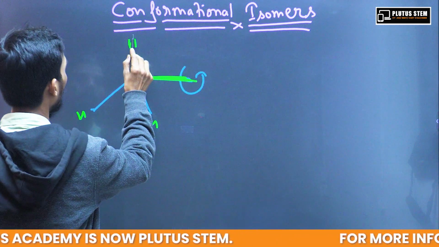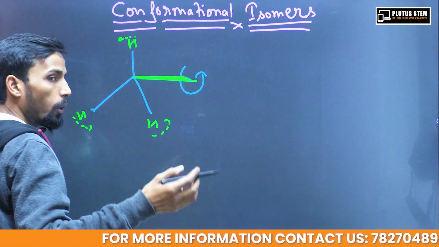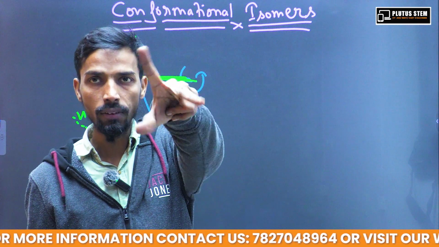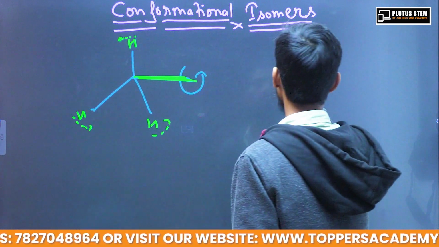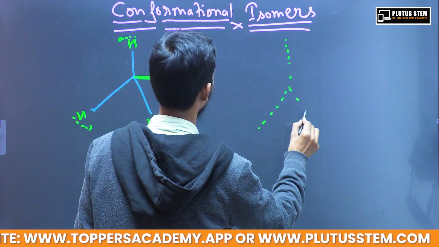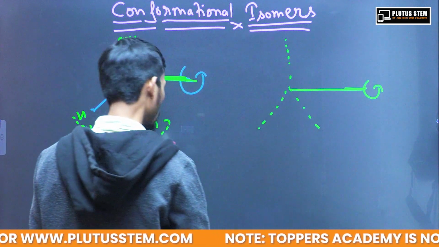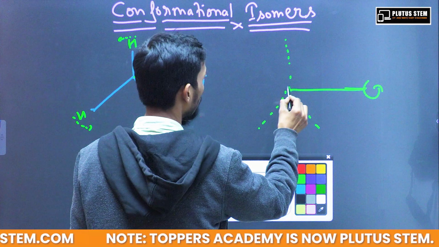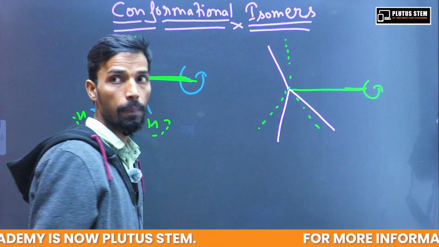This can rotate slightly. If one bond is rotating, all three will rotate like this, yes or no? This is the actual position where we were rotating this bond. After rotation, they will change their place.